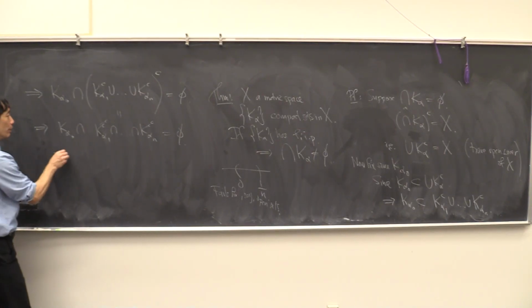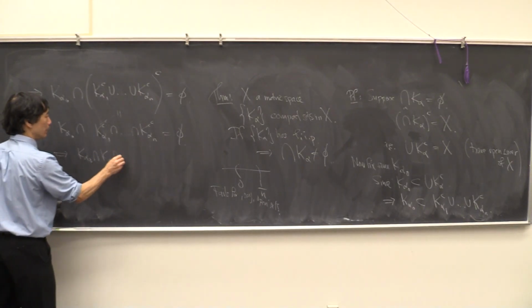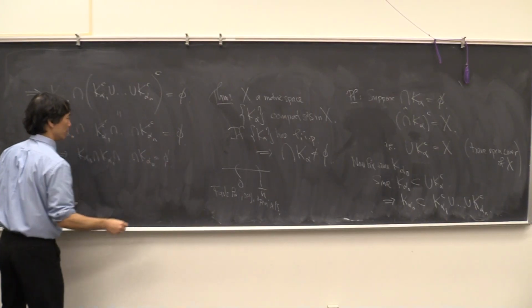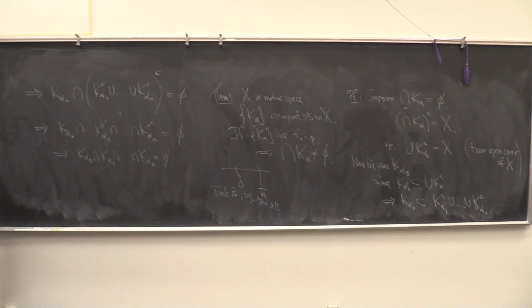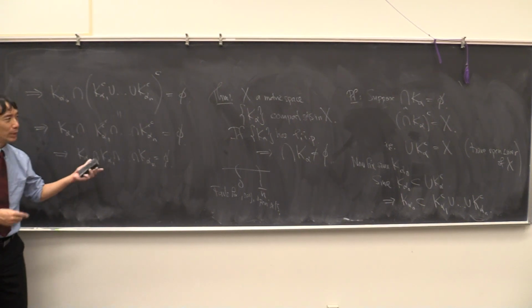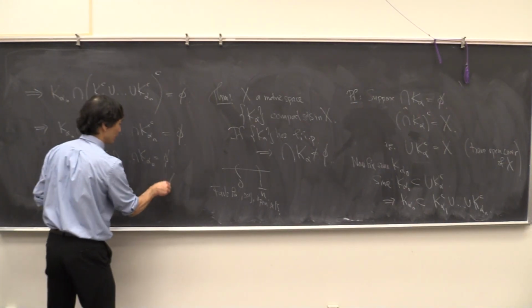And so what we get is K alpha naught intersect K alpha 1 through K alpha n is empty. But that means that we failed the finite intersection property, and we said at the beginning that we have the finite intersection property. So there's a contradiction.